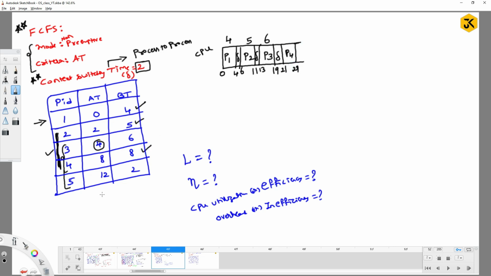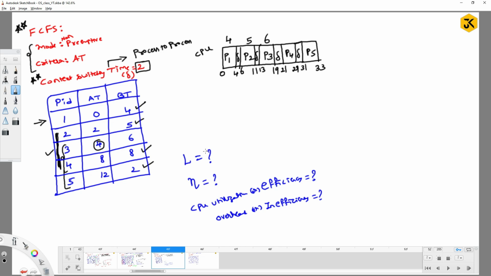Yes, because its burst time is 8 units. Next, if I want to move to one more process, P5, I have to apply context switching time. That will be 31. Then I will apply 2 units for burst time. So P5, 2 units for burst time. That will be 33 units.